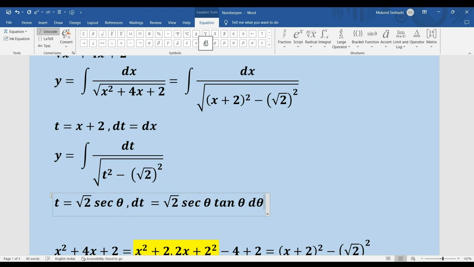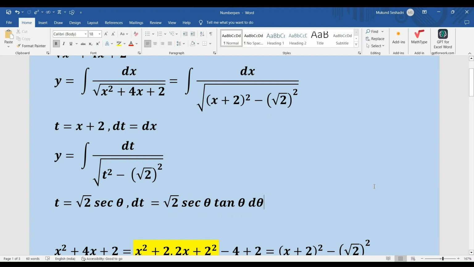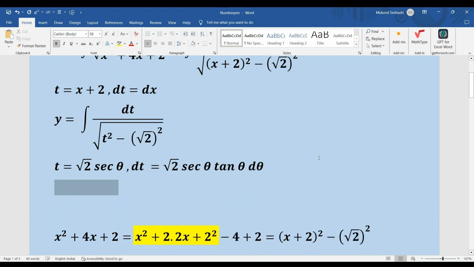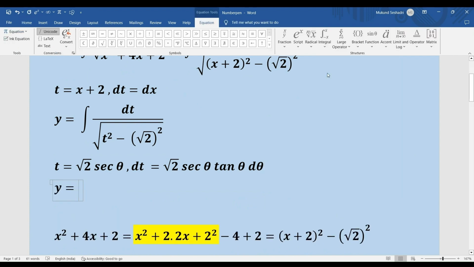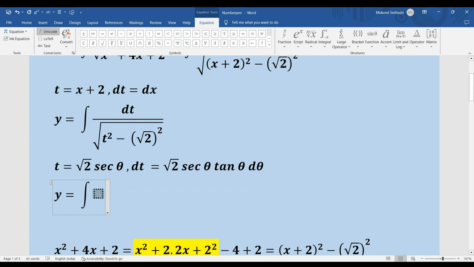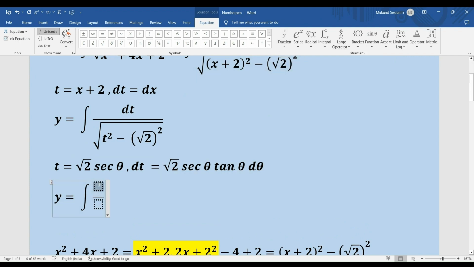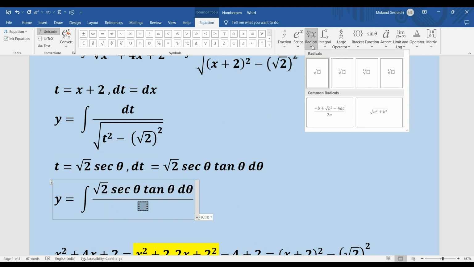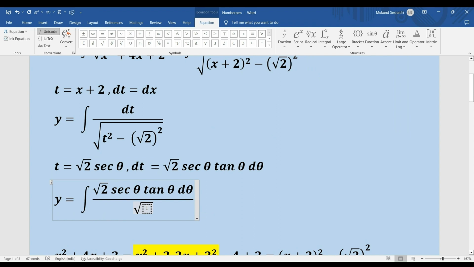Now we have our t in terms of theta, we have our dt in terms of theta. So let's go back to our y and express everything in terms of theta, right? So my y becomes the integral of my dt, which is what we worked out just now. And then I've got a little bit of work to do in the square root term in the denominator. So let me open my square root. I have t square, which is nothing but root 2 secant theta the whole square, right?